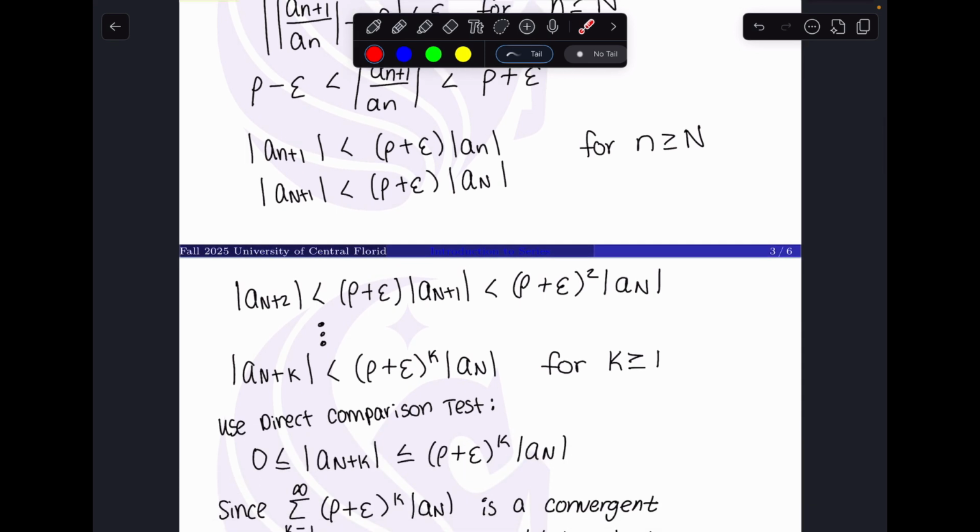Also, I have the absolute value of a sub big N plus 2 is less than rho plus epsilon times the absolute value of a sub big N plus 1.